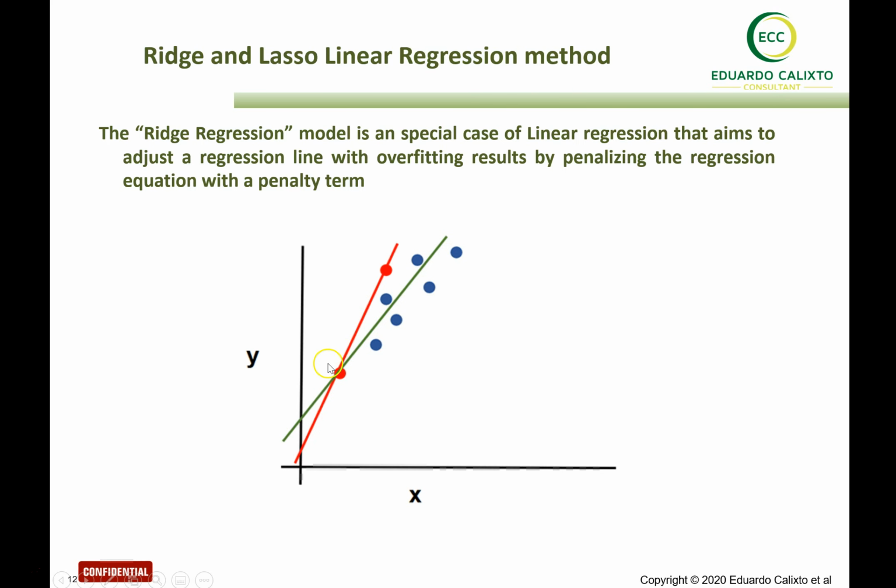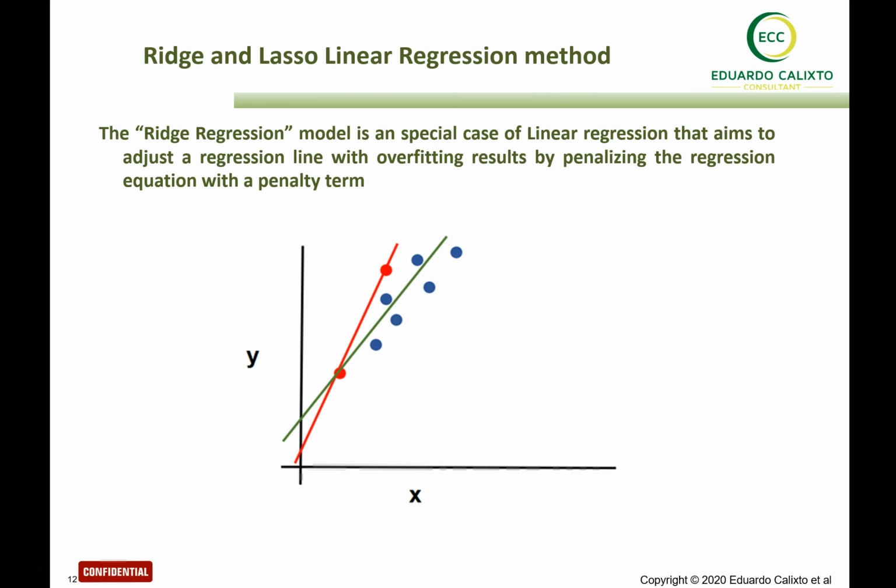Therefore, to adjust this red line to the new blue points, we use what we call a penalty term here, and then we change the inclination of the line, and then we have a line that better fits all the data. The new green line will have a higher bias from the training data but a low variance with the test data. That's the objective behind the Ridge regression.